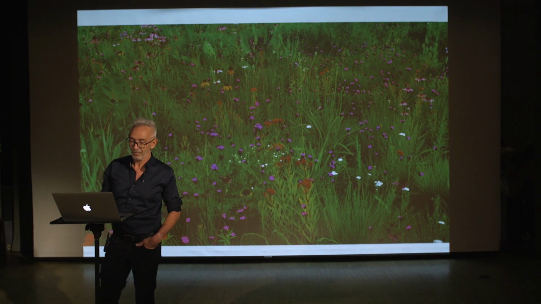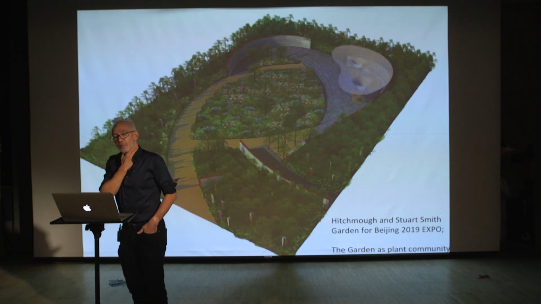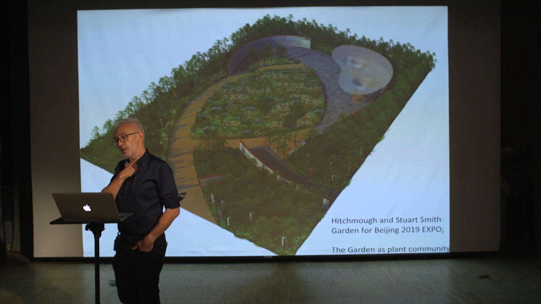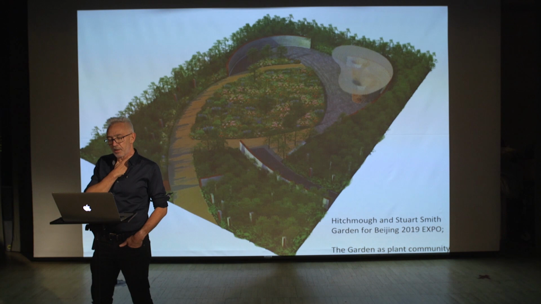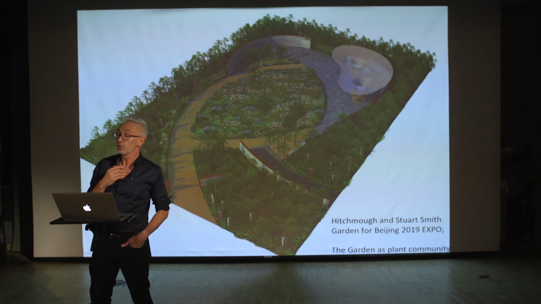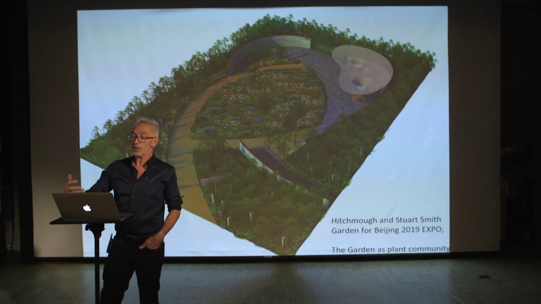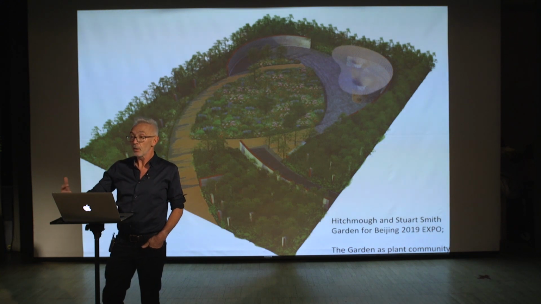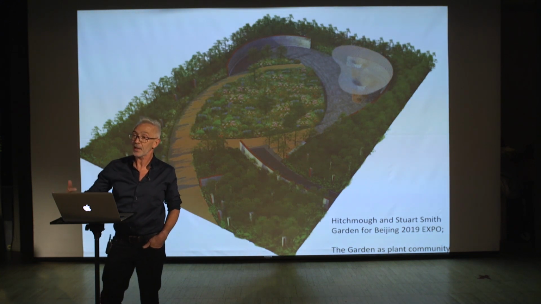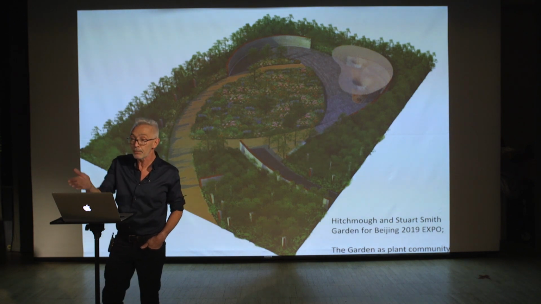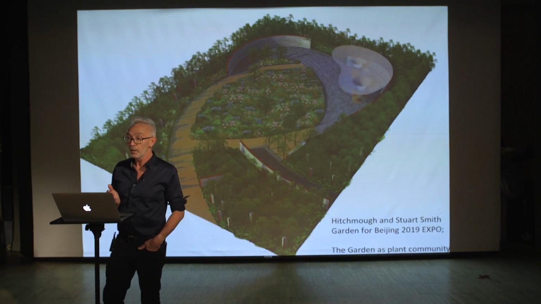To give you an example of what I mean by design communities, I just want to show you this image. I'm currently doing one of the 4 expo gardens at the 2019 Horticultural Expo in Beijing. This is a fantastic opportunity to change the mindset of many people in China who are struggling with the idea of how to integrate ecology into the designed environment, because 16 million people will walk through this garden over its first year.